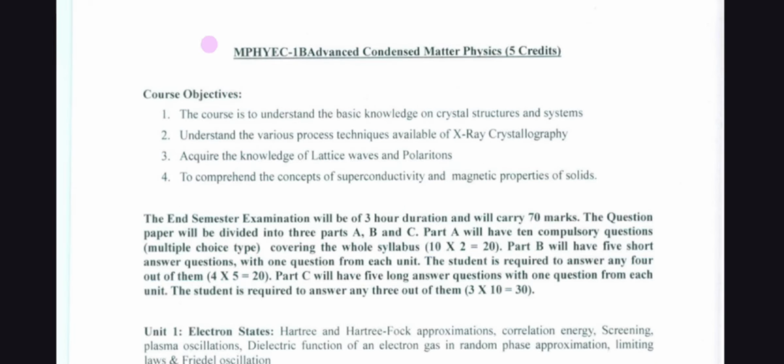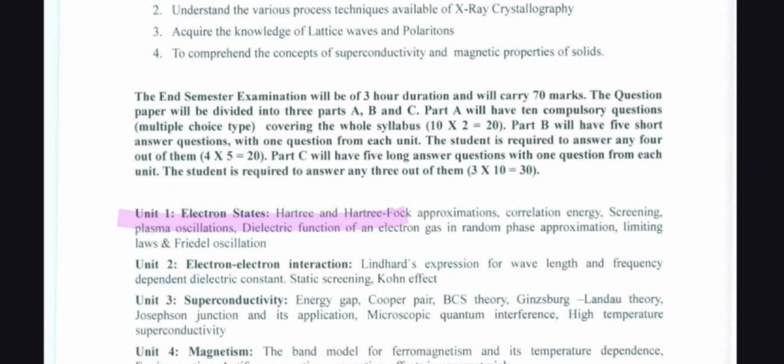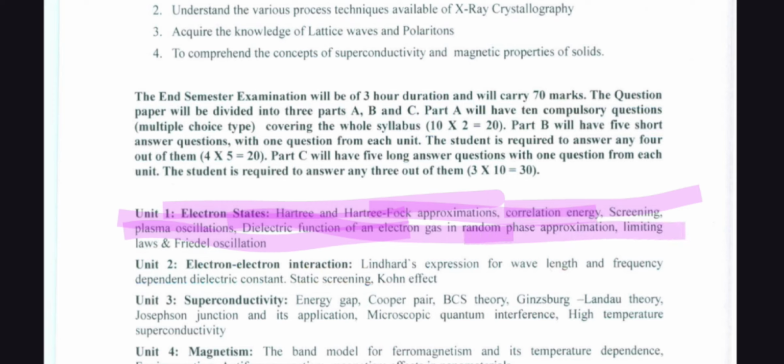So MSc Physics, B, Advanced Condensed Matter Physics, credit 5. So here you see, unit 1: electron states, Hartree and Hartree-Fock explanation, correlation of energy, scattering, plasma oscillations, dielectric function of an electron gas in the random phase approximation, limiting law and Friedel oscillations.